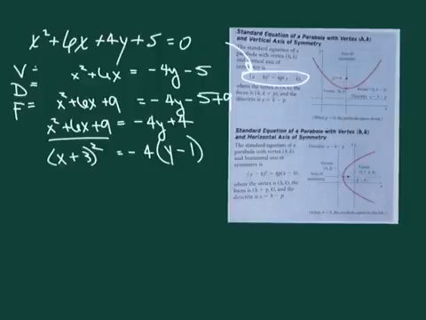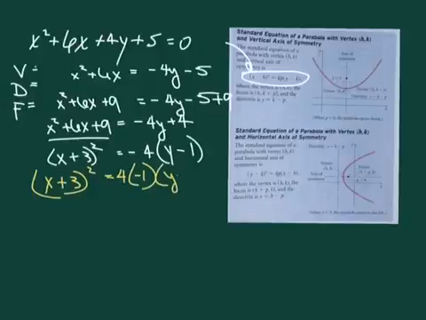So I'm going to make this a little bit different then. So that's going to be x plus 3 equals 4, and I'm going to have to multiply negative 1 there. That becomes my p there, so that this 4 is positive. Alright, so according to our equation up here, this is negative, and here it's positive. This is negative, and it's negative, so I'm good to go there.